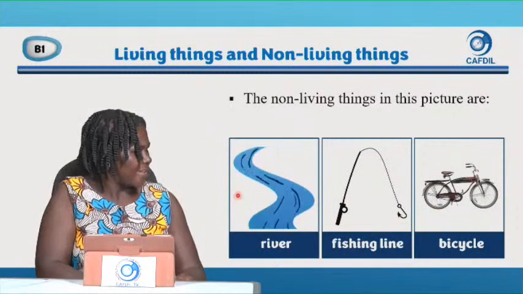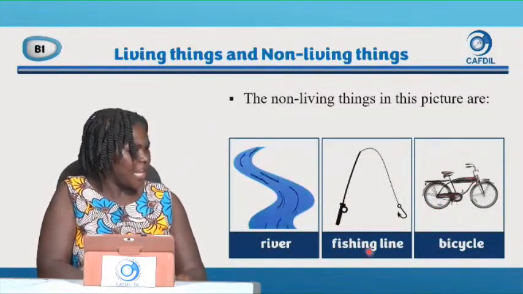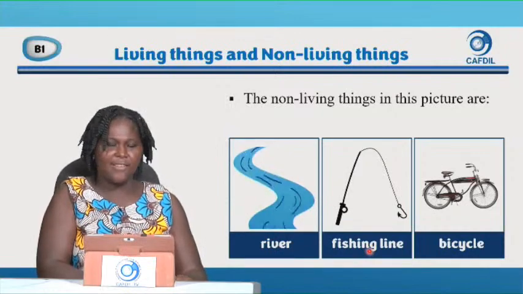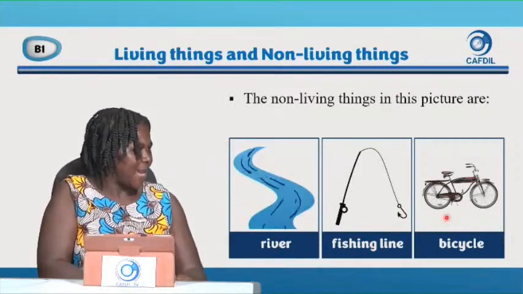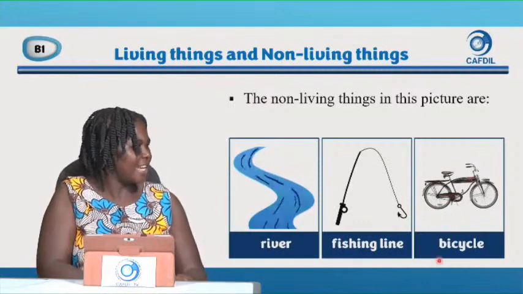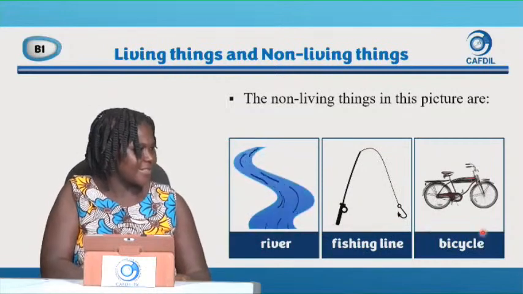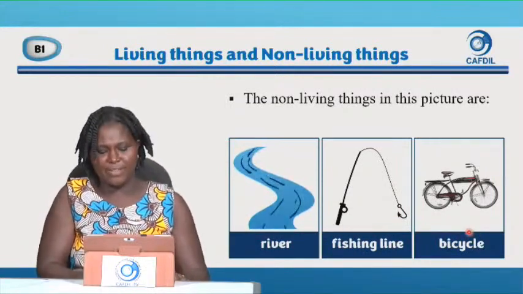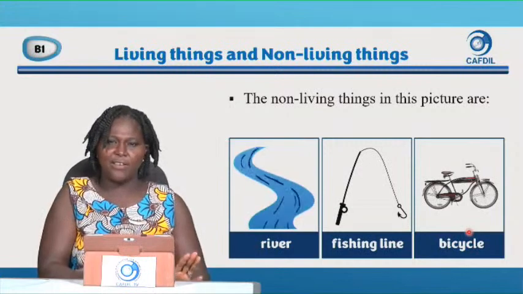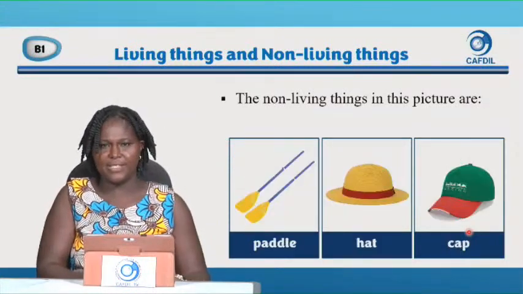The river is a non-living thing. Fishing line is a non-living thing. And then the bicycle is a non-living thing. So river, fishing line, bicycle are all non-living things.